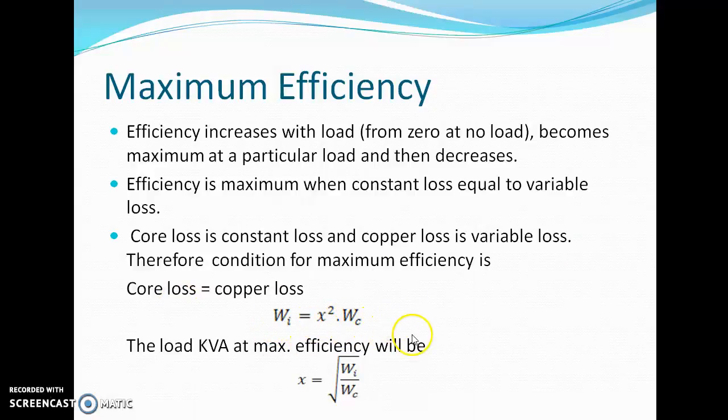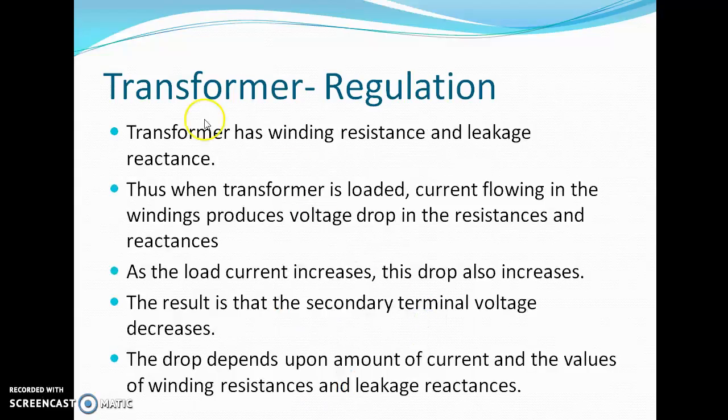Core loss is Wi, and copper loss at any loading factor x is x square Wc, and therefore the condition becomes Wi is equal to x square Wc. And from this, the loading factor at maximum efficiency can be found out as x is equal to root of Wi upon Wc. So this formula gives the loading factor at maximum efficiency.